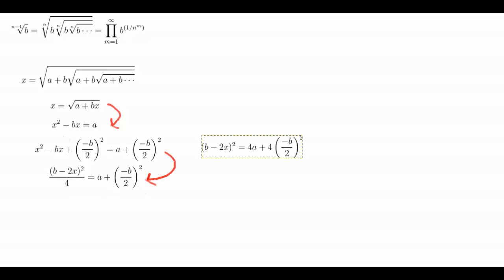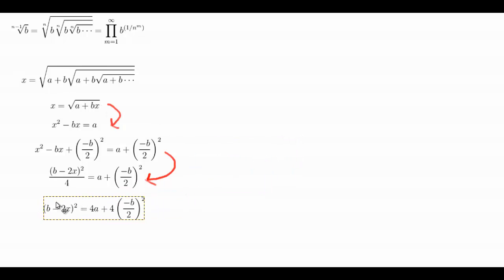Our next step is going to be to multiply each side of the equation by 4 to further get this part alone. And after that, we are going to take the square root of each side of the equation.